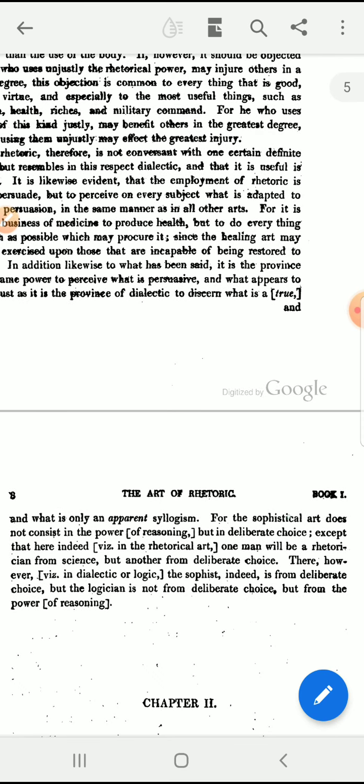For the sophistical art does not consist in the power of reasoning, but in deliberate choice, except that here indeed, namely in the rhetorical art, one man will be a rhetorician from science, but another from deliberate choice. There, however, namely in dialectic or logic, the sophist indeed is from deliberate choice, but the logician is not from deliberate choice, but from the power of reasoning.